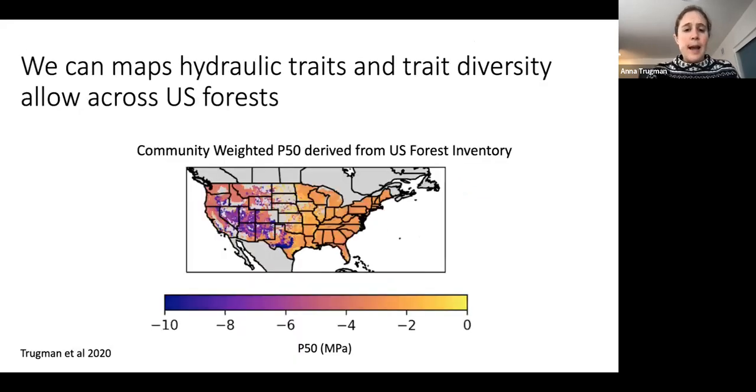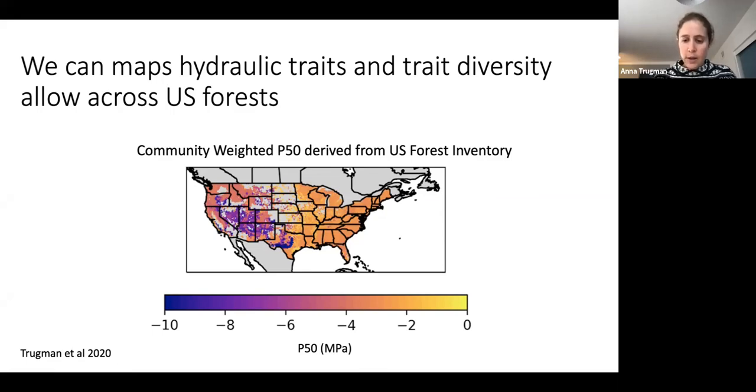And so my group previously developed maps of plant hydraulic traits like P50 using forest inventory data from the US Forest Inventory and Analysis database. And we developed these maps looking at community weighted mean plant hydraulic traits like P50, where we weighted the P50 based on different species basal area and their corresponding species average traits.